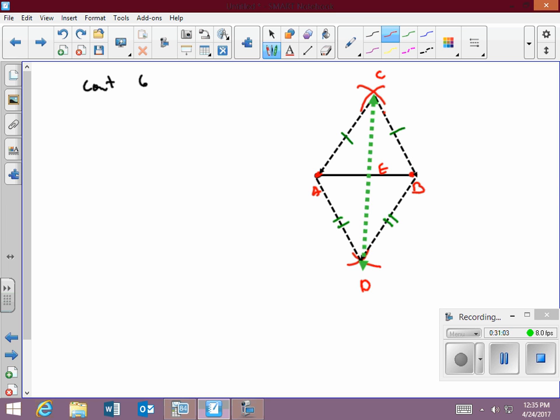I wonder if there's a shorter way to construct the perpendicular line, so we don't have to repeat ourselves. That would be quicker than making triangle ACD congruent to the other one.